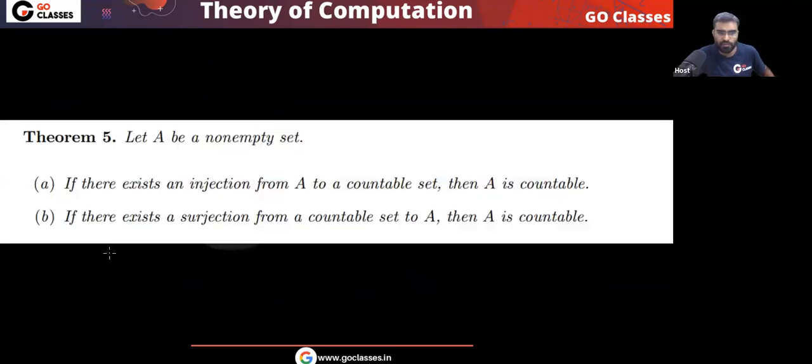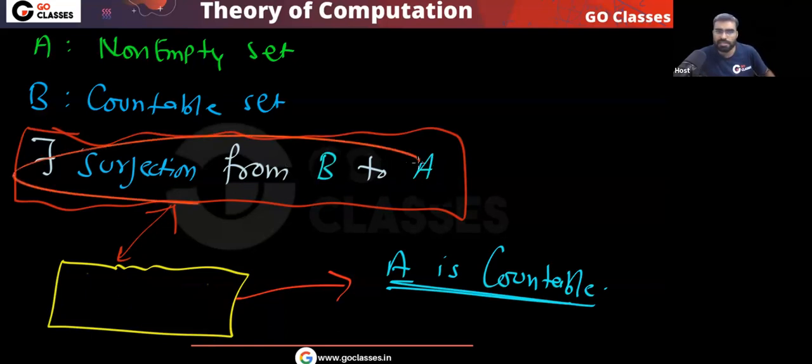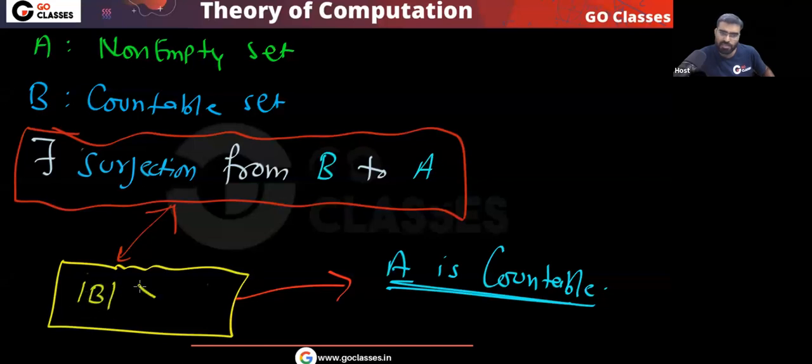The surjection is from the countable set B to A. If a surjection exists from B to A, what does that tell you about the size of A, B? I can say the size of B is greater than or equal to the size of A.